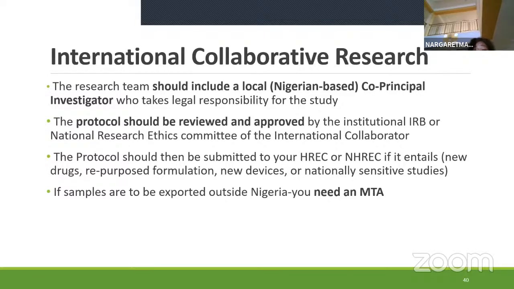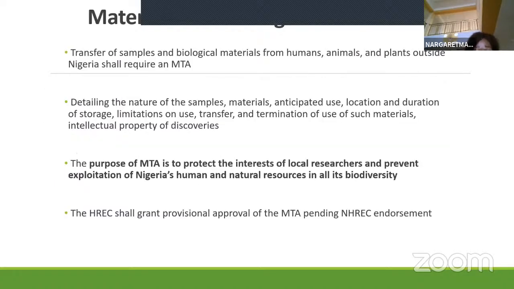The protocol should be reviewed and approved by an institutional REC or IRB or NREC, the National Research Ethics Committee. So the protocol should be submitted to REC or NREC. If samples are to be exported, you need a material transfer agreement. All these provisions are inside the National Code on Health Research Ethics. Let's move faster now because of time.